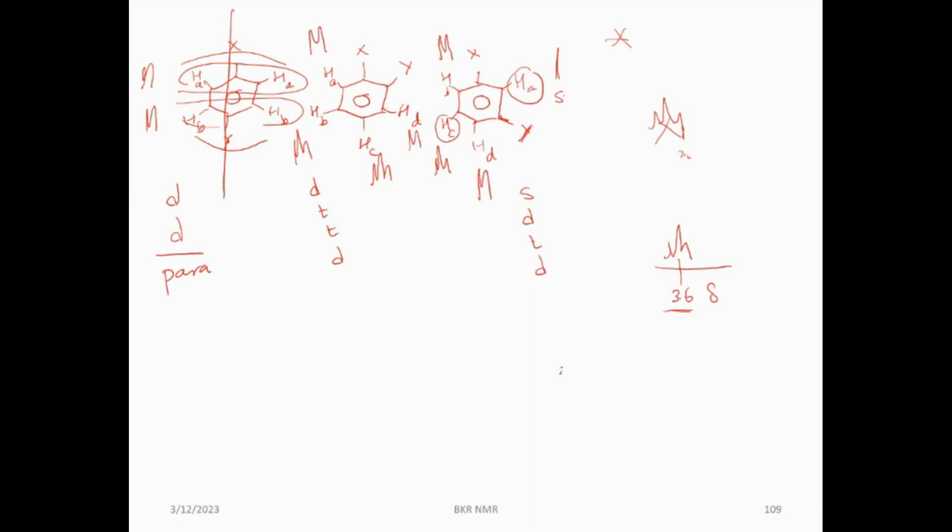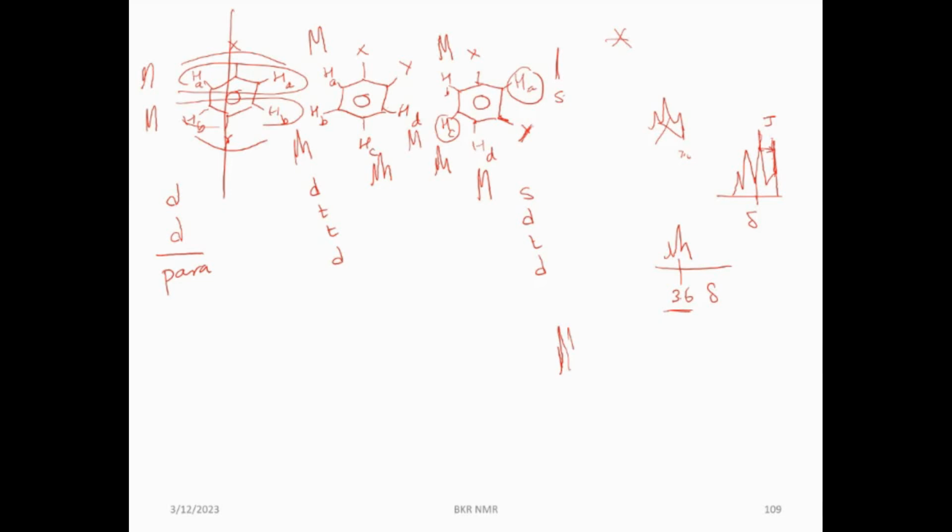So the multiplet will always rest on the center of the chemical shift. Suppose I take a quartet, the center of the quartet will be your delta value. And the distance between the lines of the multiplet is what is known as the coupling constant.